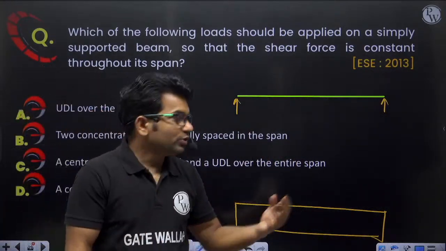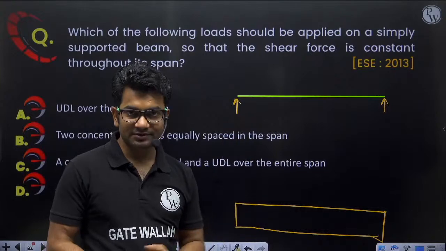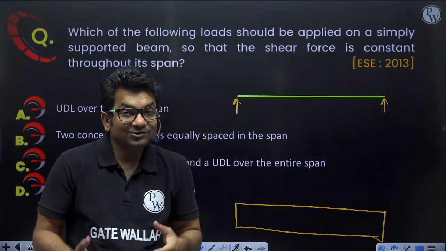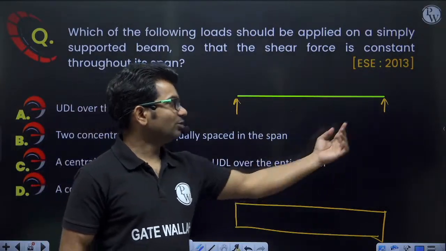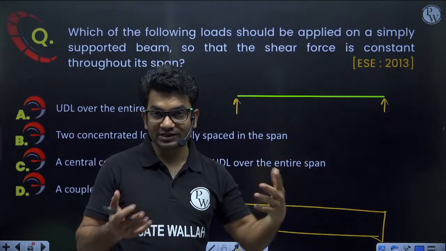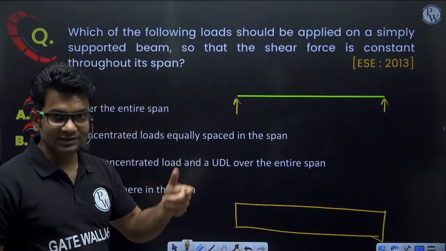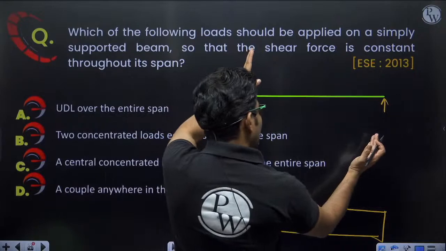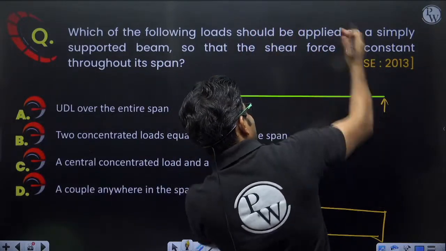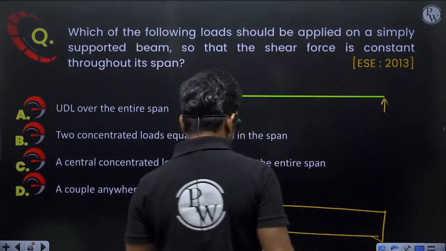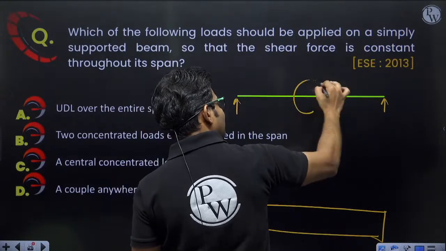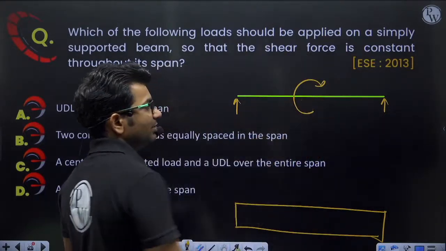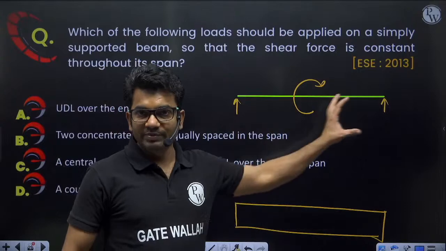But how to get plus P and minus P here? Without any loading, can we get these support reactions equal and opposite? Yes. These two are creating an anti-clockwise moment. So we will provide a clockwise moment anywhere in the beam, and it will be in equilibrium.